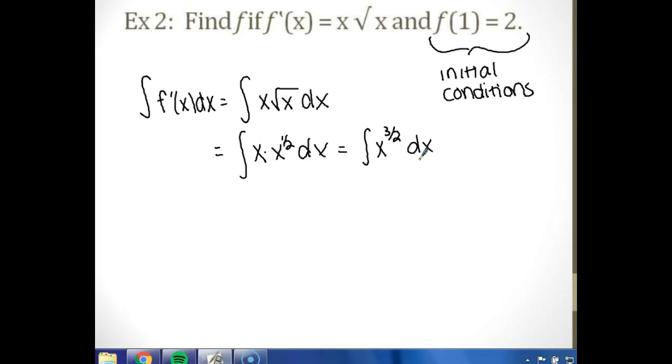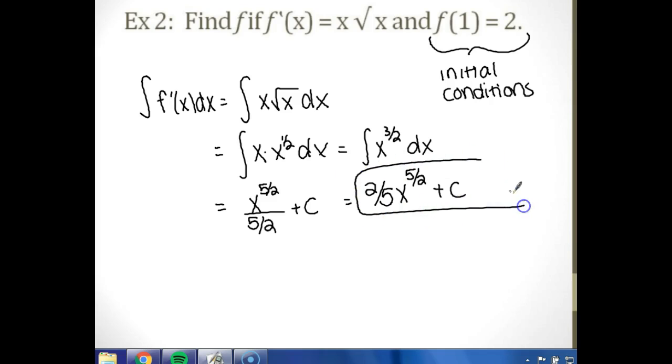So now we have an antiderivative we can find. So add 1, divide by your exponent, include your c. Remember that this represents f of x in an arbitrary state.